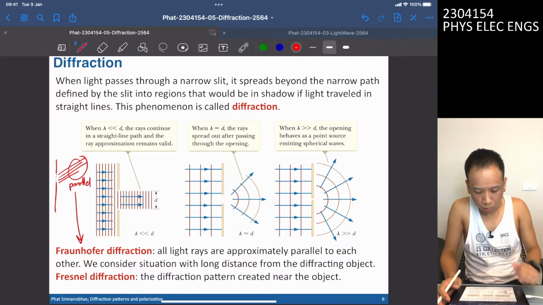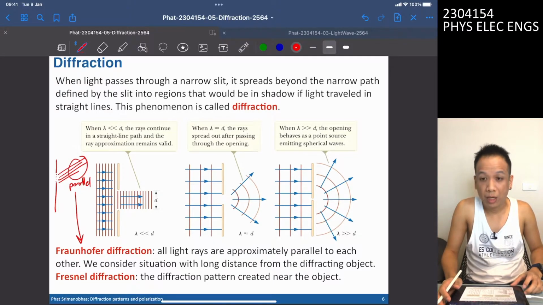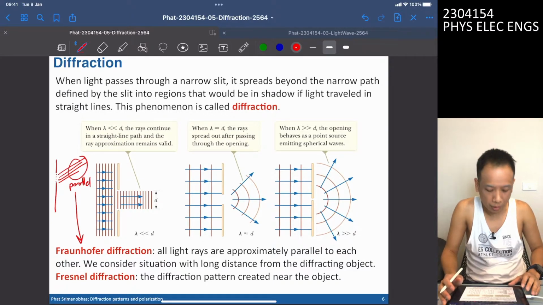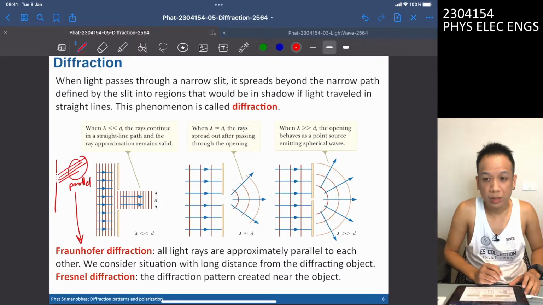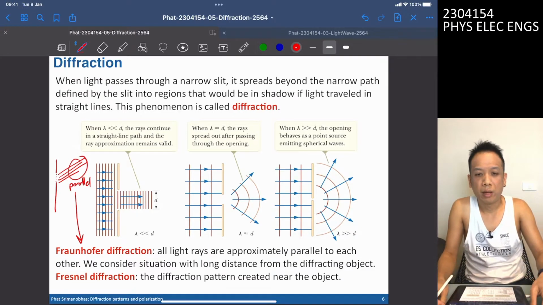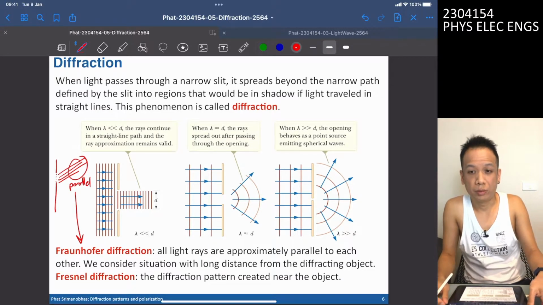We consider the situation with a long distance from the diffracting object. Okay, and there is another case which we will not discuss in this class, Fresnel diffraction, where the diffraction patterns are created near the object.